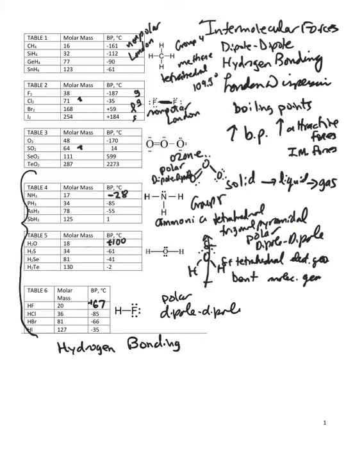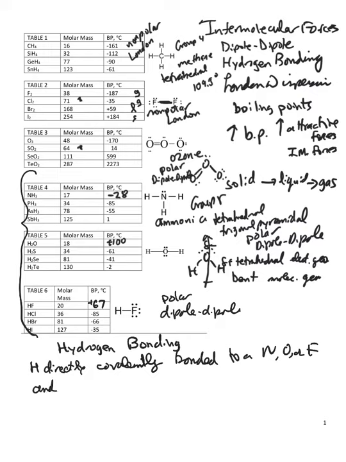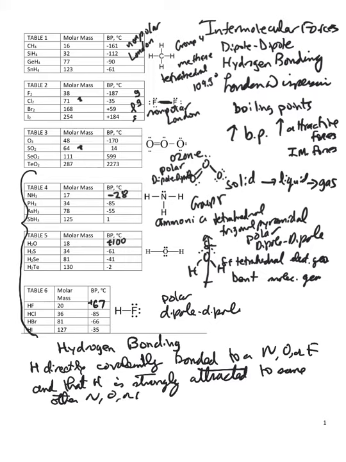So you can identify hydrogen bonding in that it occurs when we've got a hydrogen directly, covalently bonded to a nitrogen, oxygen, or fluorine, and that hydrogen is strongly attracted to some other nitrogen, oxygen, or fluorine.